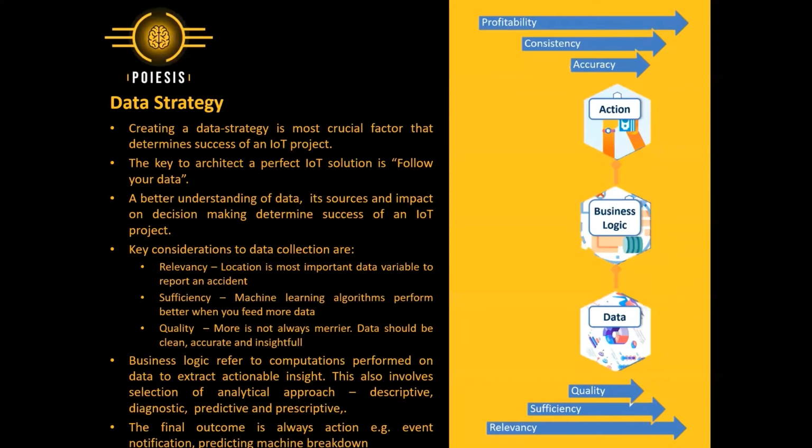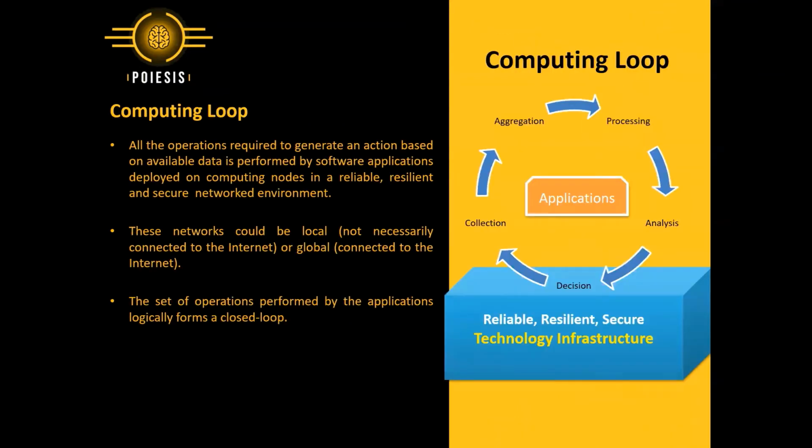So once you have created your data strategy, the next step is implementation of it. Let's find out how to do that. As I explained, it requires a set of operations to be performed on data to generate an action.